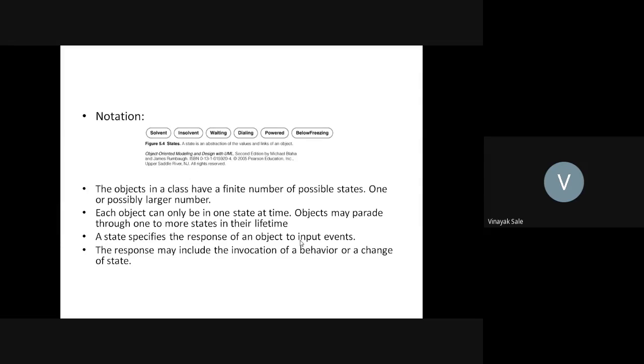A state specifies the response of an object to input events. The response may include the invocation of behavior or a change of state.